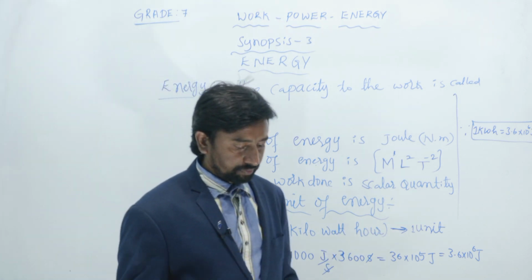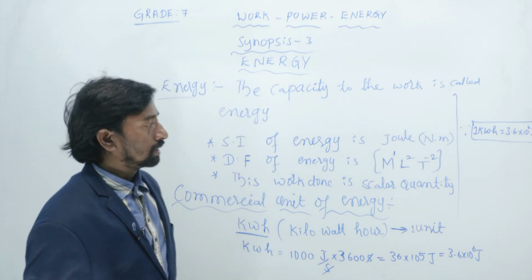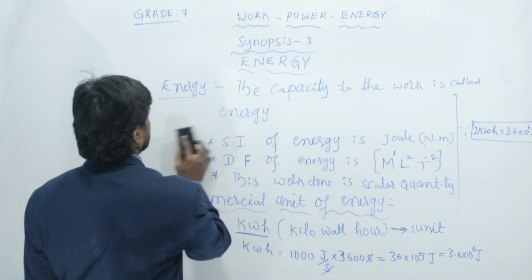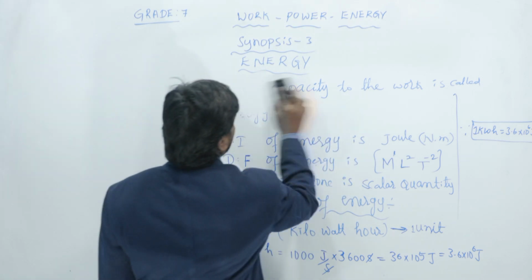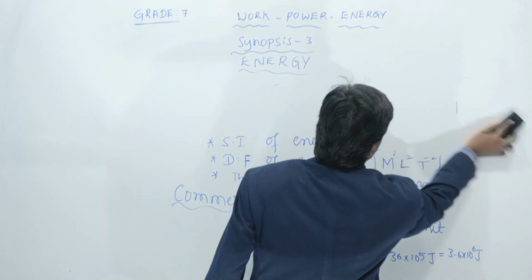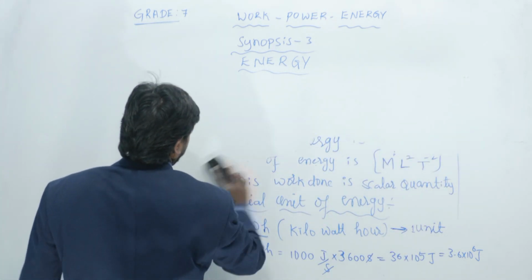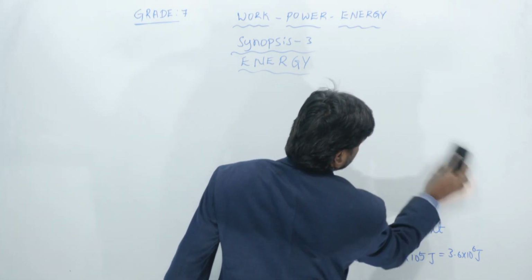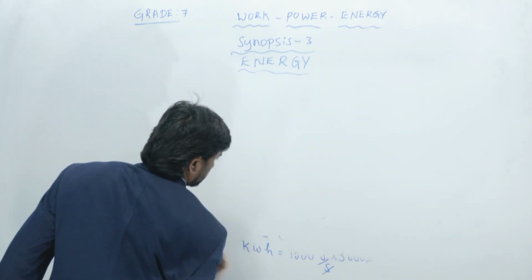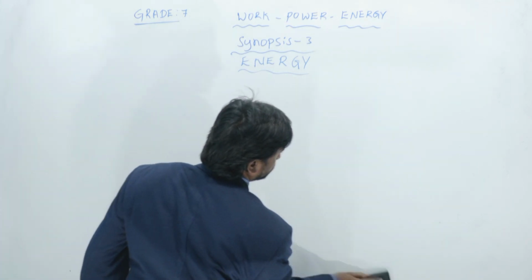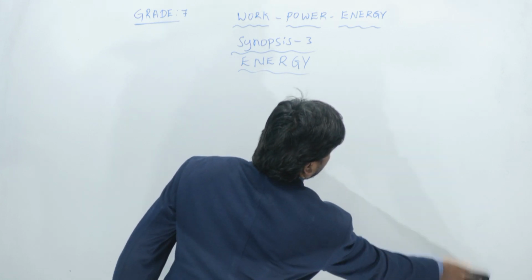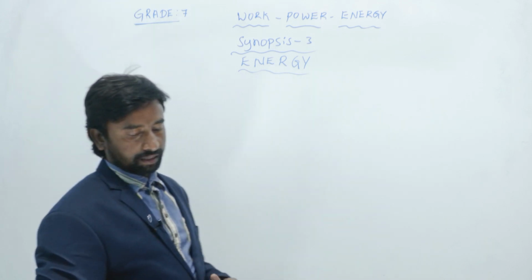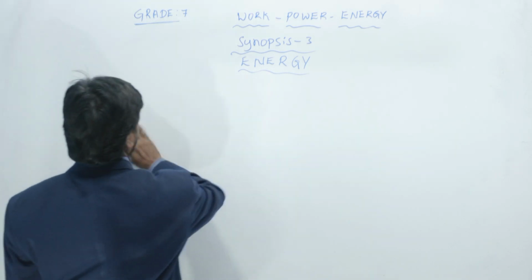Okay. Now there are many forms of energies, so we'll see the forms of energies now. There are different forms of energies: mechanical energy, potential energy and kinetic energy, based on the state.